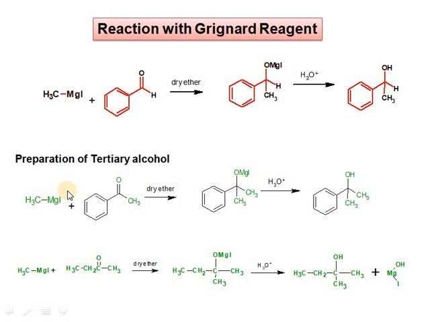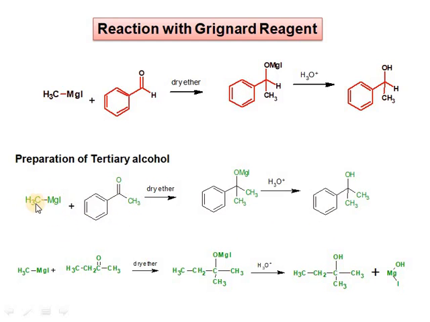Now to prepare tertiary alcohols. In the last slides we saw that to prepare primary alcohols we use formaldehyde. If we prepare a secondary alcohol, then we use acetaldehyde. And if we prepare a tertiary alcohol, at that time we use a ketone in place of an aldehyde, like acetophenone. A similar reaction can be done like this.